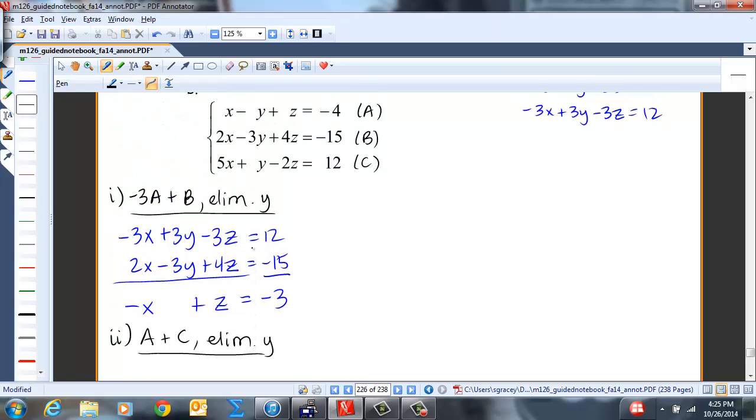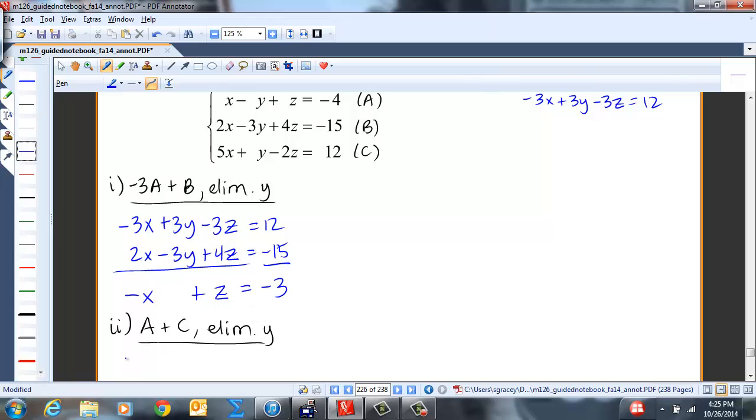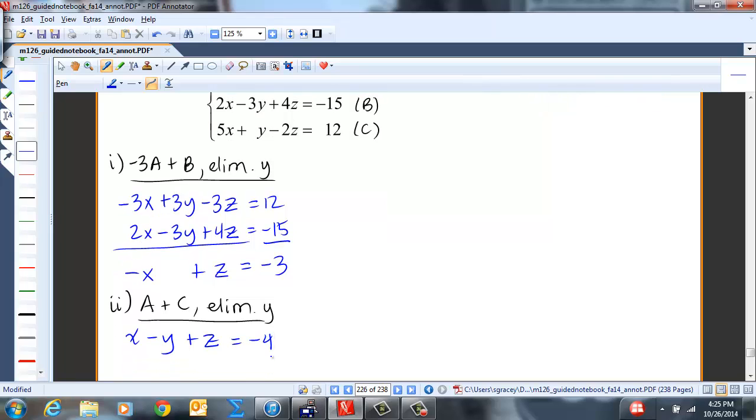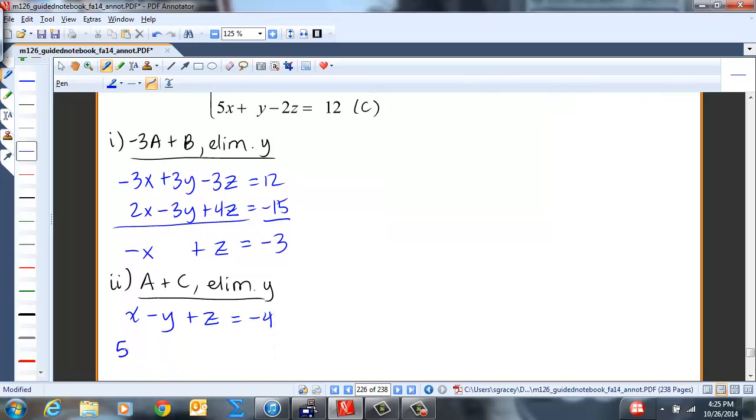A was x minus y plus z equals negative 4, and c is 5x plus y minus 2z is equal to 12.